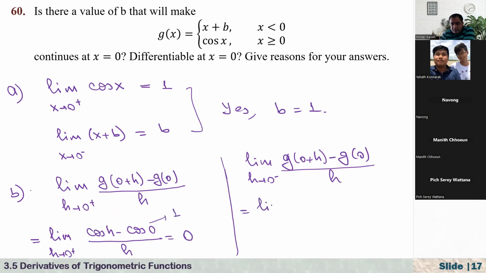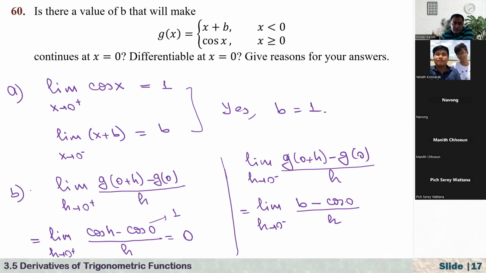How about here? Here we have the limit as h approaches 0 from the left. So here we have g of h, now approaching from the left. When it approaches from the left, it is given by x plus b. What is the value at x equal to 0? That's equal to b minus g of 0, that is cosine of 0, over h.